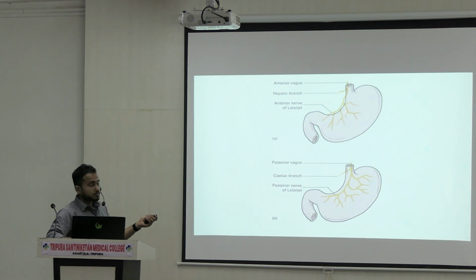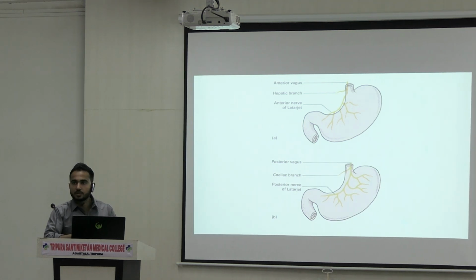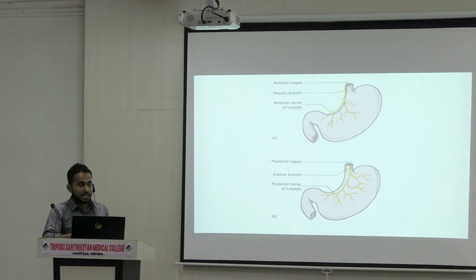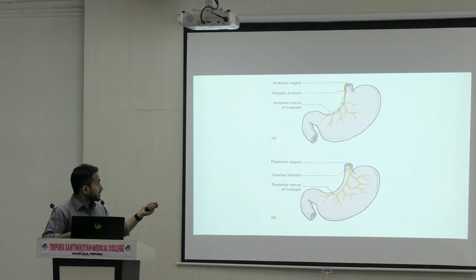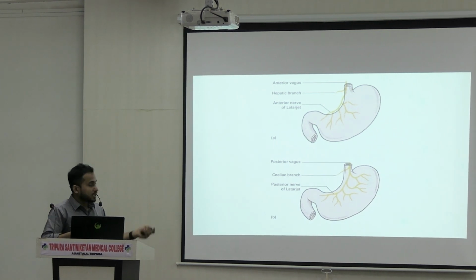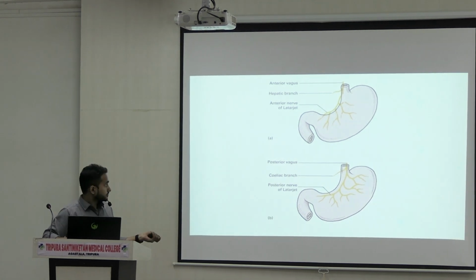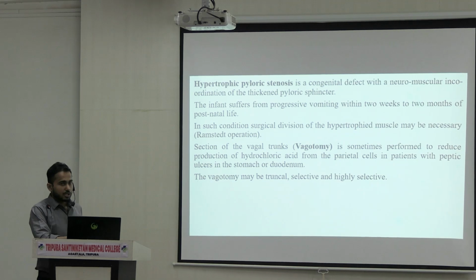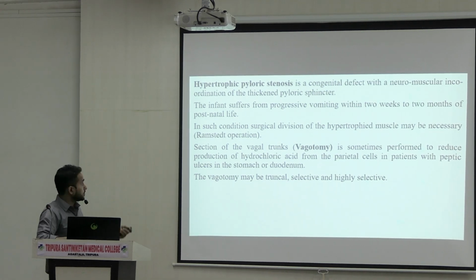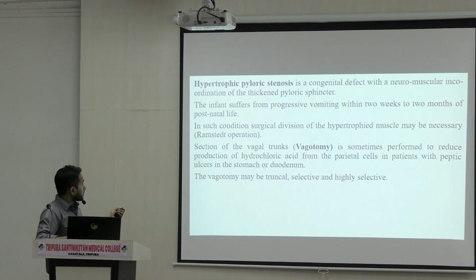Next, this is the nerve supply of the stomach, parasympathetic division. As you can see, the nerves of Latarjet are present on both the anterior as well as posterior surface of the stomach. Now as I said, 3 types of vagotomy are there.